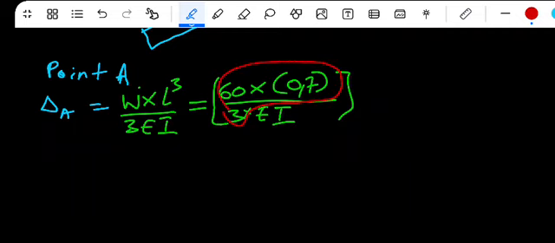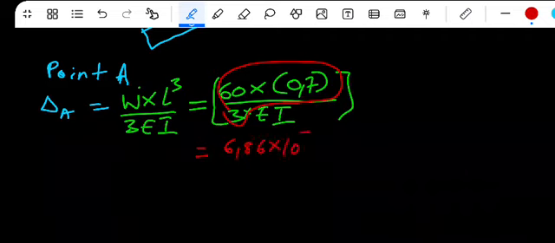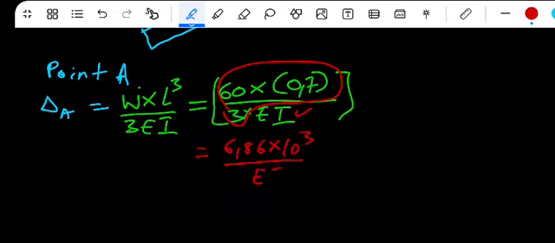Let us check. This will give us 6.86 times 10 to the positive 3. We're still left with EI there. So that is the deflection here at point A due to a point load.